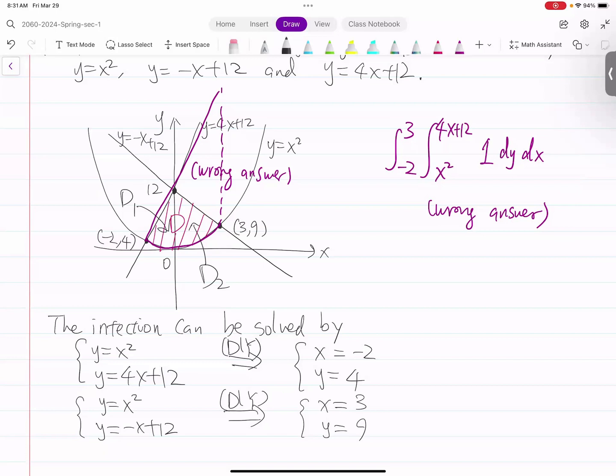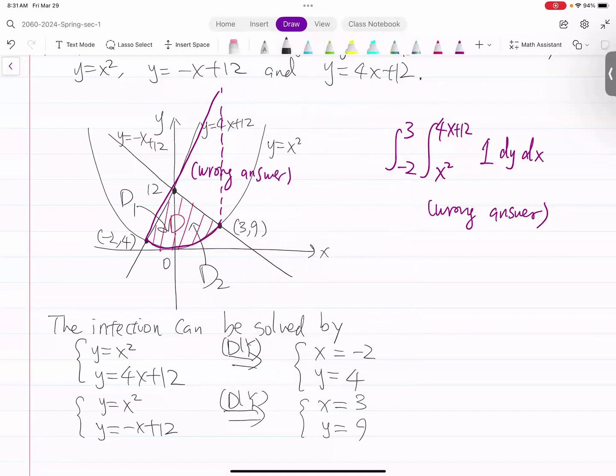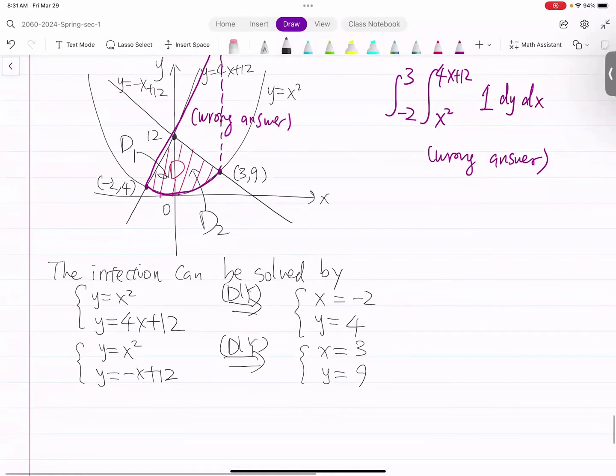Okay. This is probably something you have seen already from Calc 2, but here we just want to emphasize that you probably have to write this integral into two pieces.